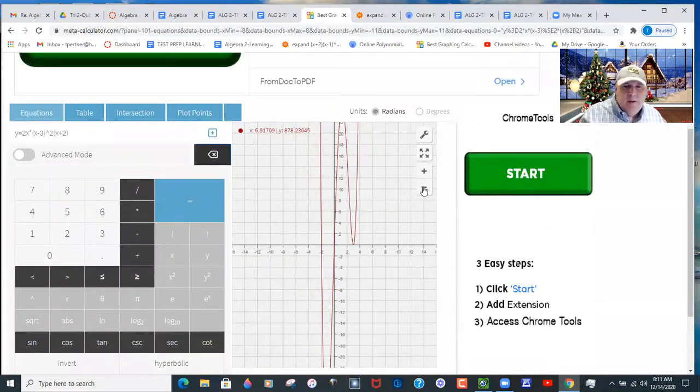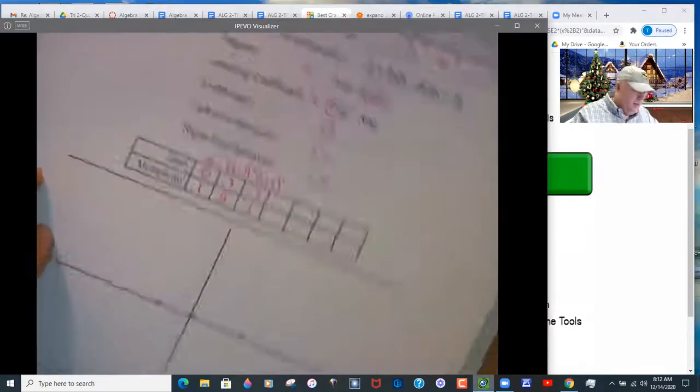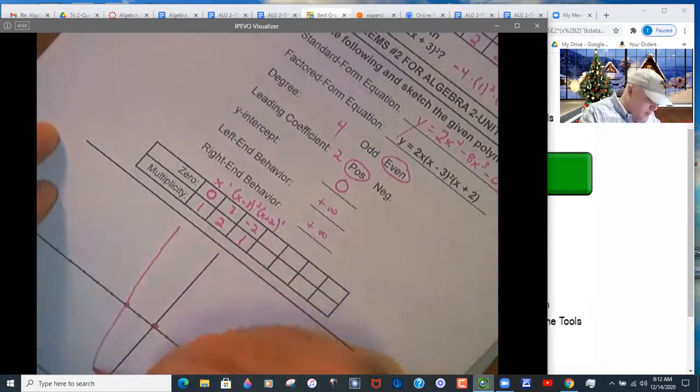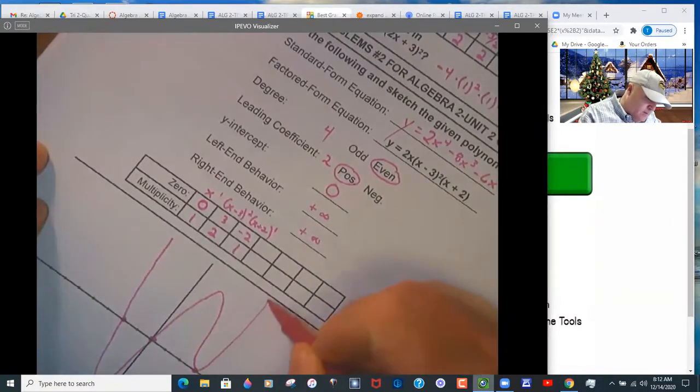And let's just zoom out a little bit. So you see this, it's got rather a deep minimum, but this will just give you an idea of how it should look when you go back to graph it. And so you have this deep, it's coming through here, this deep minimum, but we're not overly concerned with exactly where.